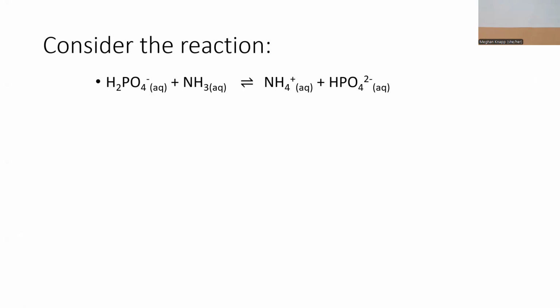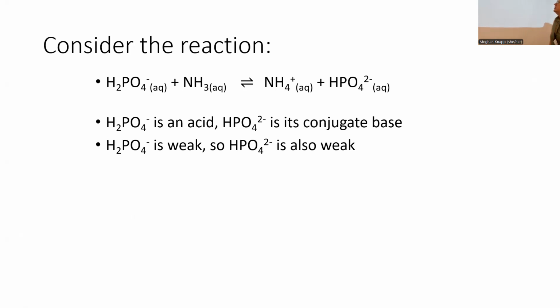All right. So H2PO4 minus is an acid. HPO4 2 minus is its conjugate base. If one is weak, the other is weak, right? What about ammonia? Is that a weak base or a strong base?